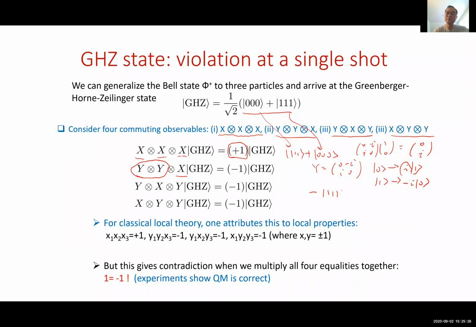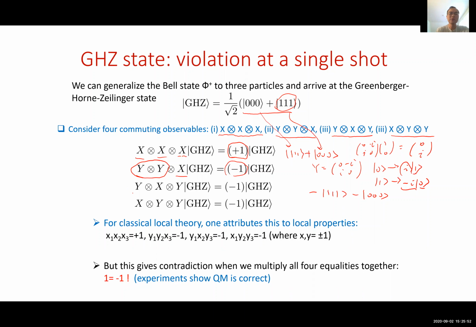It just flipped, but without changing the sign. Okay, and if you apply x and y on the second component, it flipped to 0, but with a 2i here and minus i multiplied to minus 1, so you get this. Meaning that you get a minus 1.